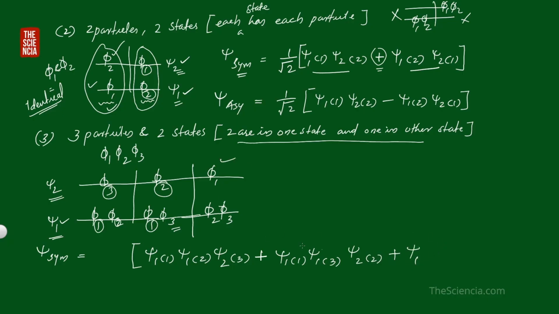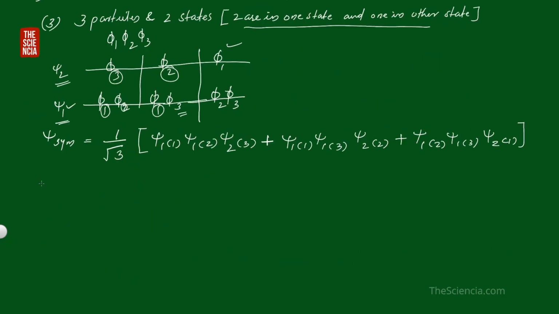In psi 1 there are two particles, that is 2 and 3, into psi 2 state there is one particle, that is the first particle. So this is the symmetric wave function and it is not normalized, and the normalization constant is 1 by root 3.